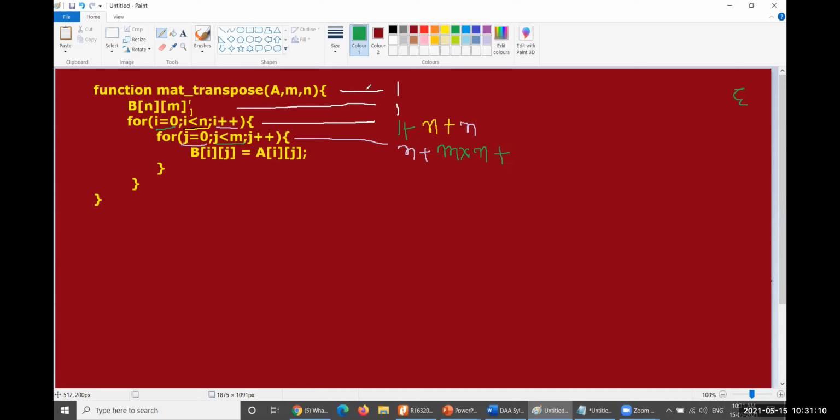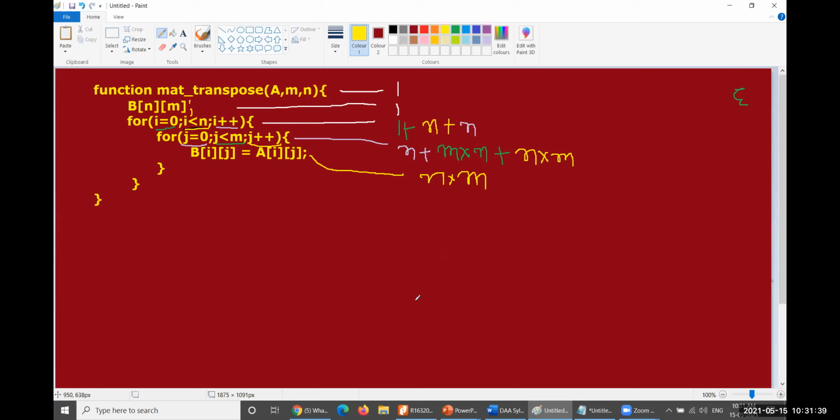Then j plus plus can be executed for m into n times. And this statement can be executed for n into m times.